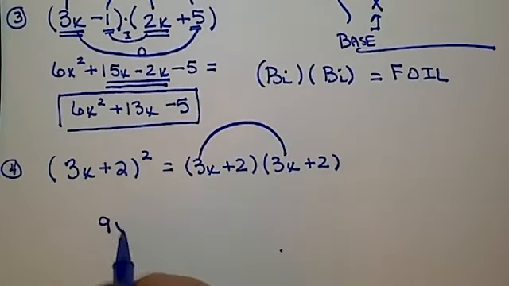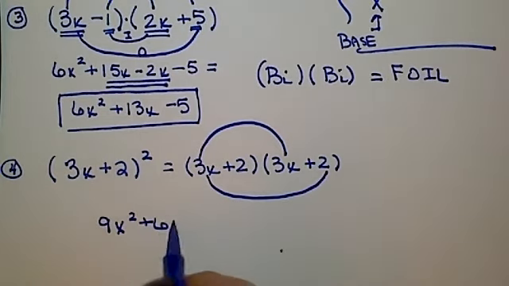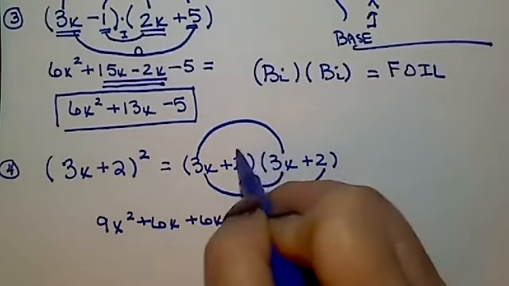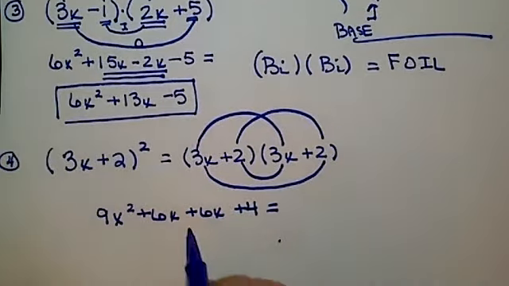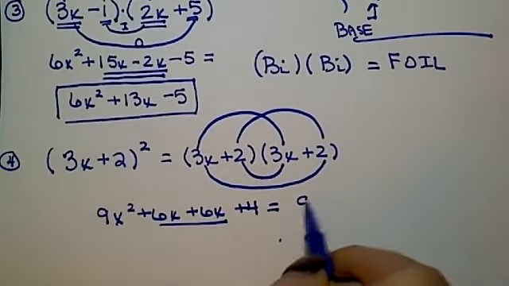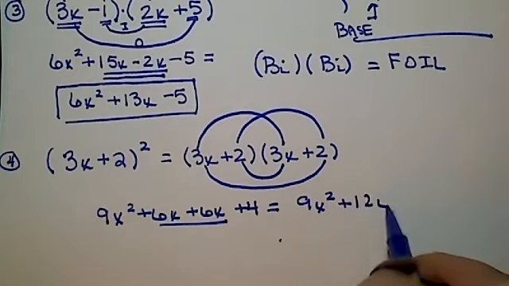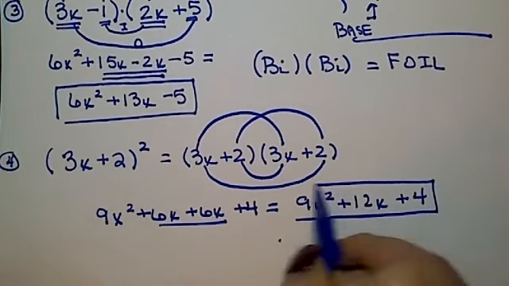That would be 9x to the second, 6x, 6x, and 4. So that gives you 9x squared plus 12x plus 4.